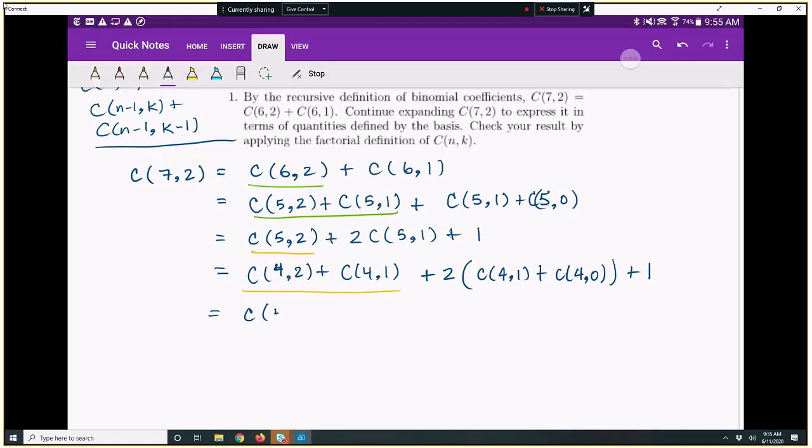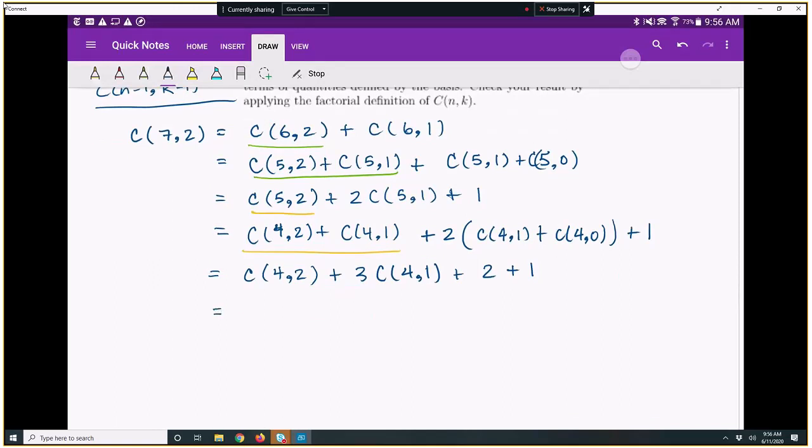So this is 4 choose 2. Then I have 4 choose 1 plus 2 times 4 choose 1, which is 3 times 4 choose 1. 4 choose 0, I'm going to replace by 1. This is 2 times 1, so this is plus 2 plus 1.